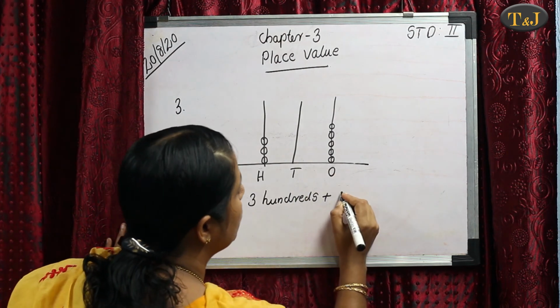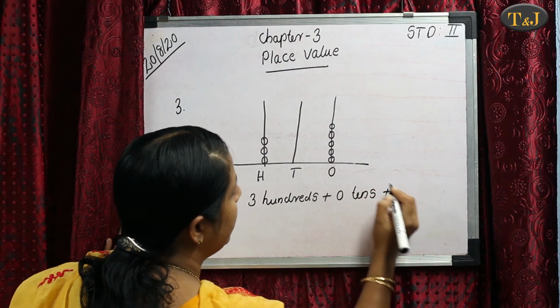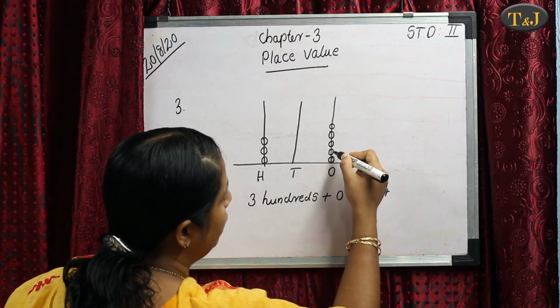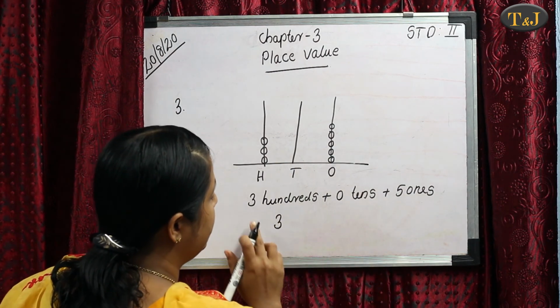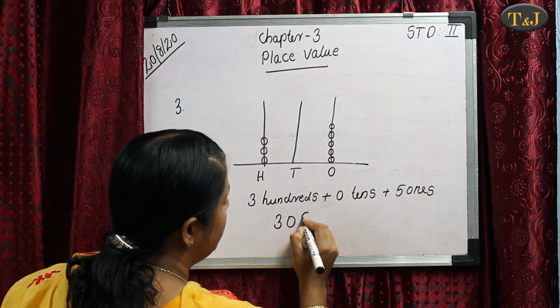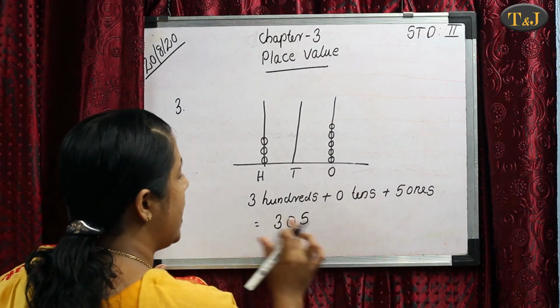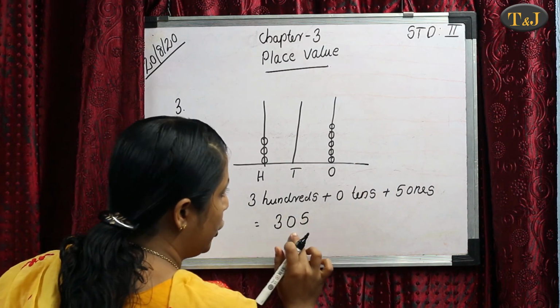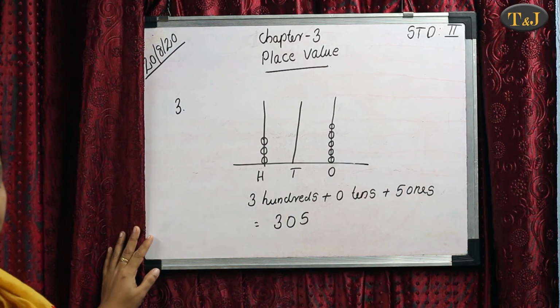There is no tens. So we write 0 tens plus 5 ones. Then write only the values. 300 write 3. Next is 0. Last value is 5. So our value is 305.